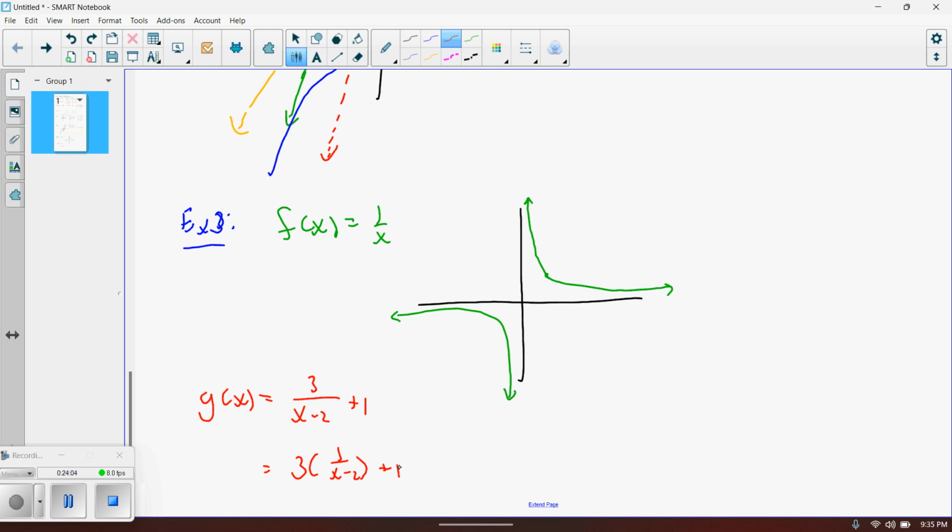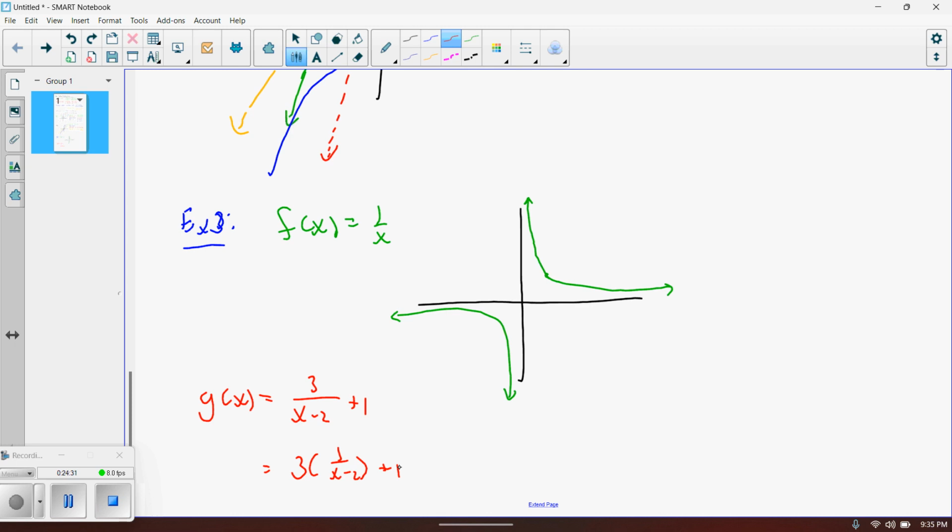So let's see if we can take care of what this would look like. We are going to shift it 1 unit up, 2 units to the right, and then whatever we get there, we're going to multiply the y value by 3.